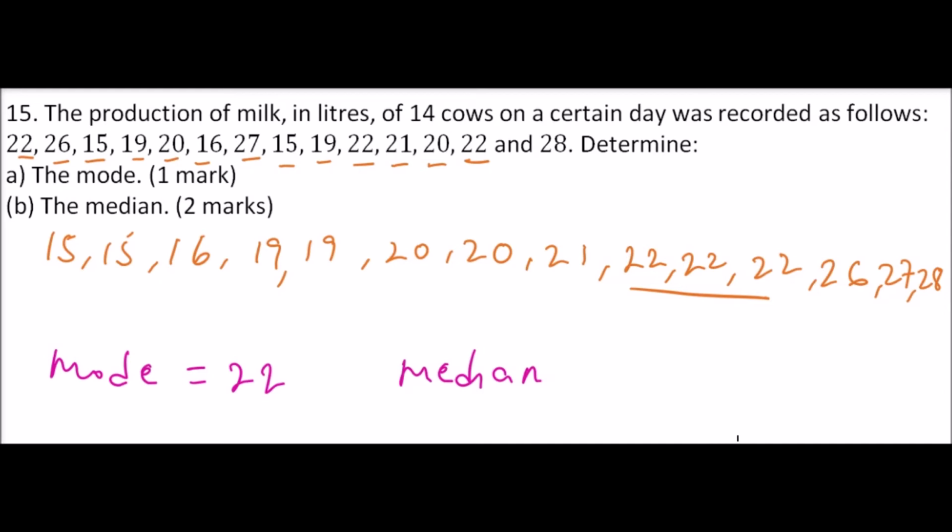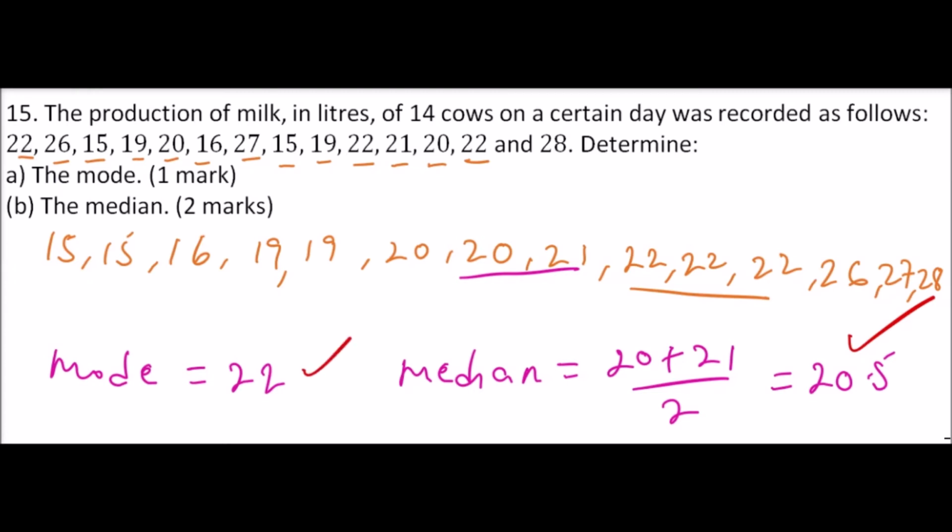Since there are 14, we count 1, 2, 3, 4, 5, 6, 7, so we can say it is 20 and 21. So it is 20 plus 21 divided by 2, and that should give you 20.5. So that's the way you approach that, and you get yourself 3 marks.